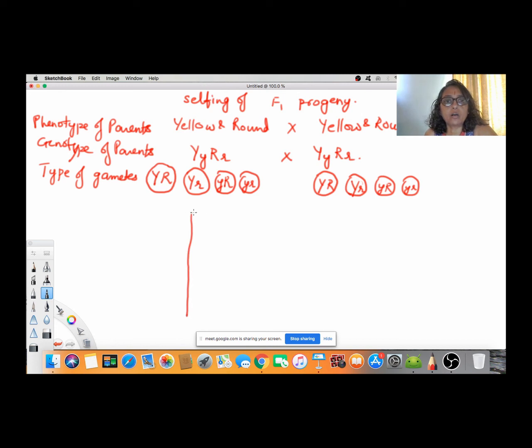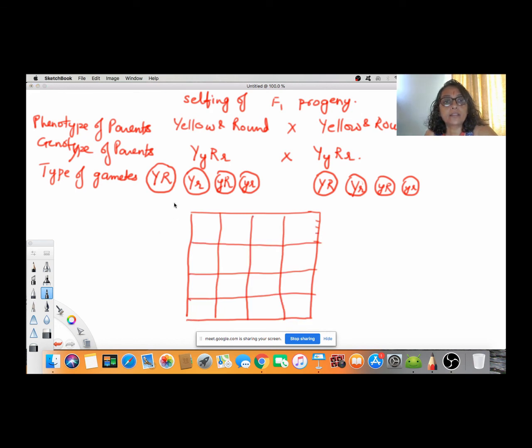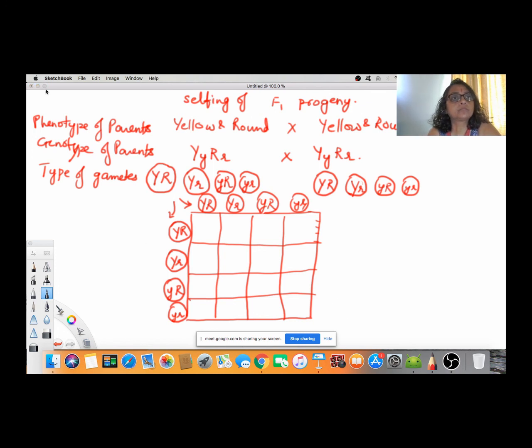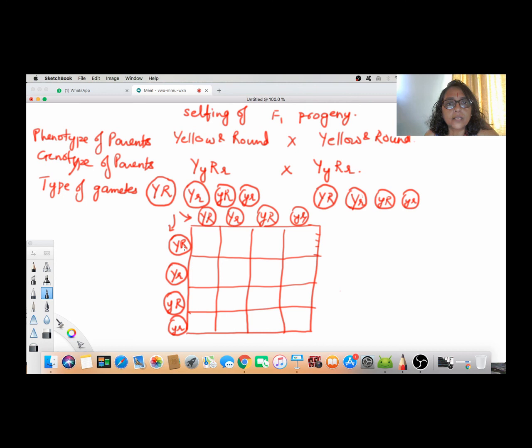Now we draw a Punnett square for it. Please write the gametes in these two places. We just multiply this with this and write the product here.